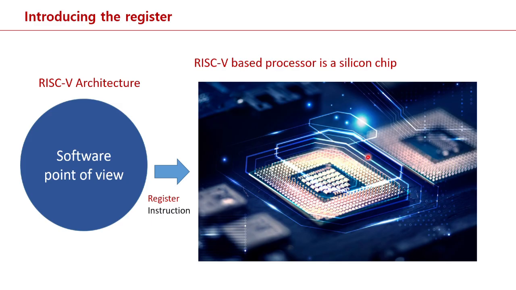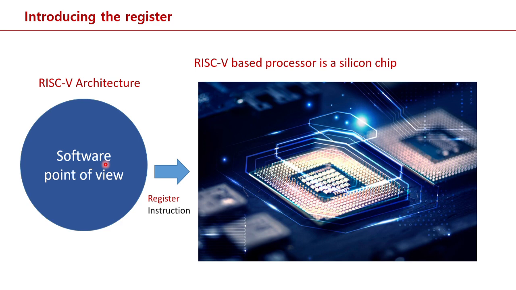Now let's think about the processor from the second perspective, which is based on software. From the software viewpoint, the processor can run machine code. Machine code is the lowest-level code that the processor can perform.